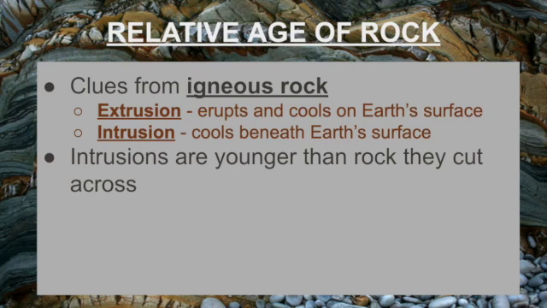And again, that should make sense, right? If it's going to come up and push through and melt rock, that other rock had to be there for it to come through to cover up or to melt. And so it has to be younger. So when you see an intrusion, you have to pay attention to how many layers, what does it cut through, and then wherever it cuts through, you know that intrusion is younger than the rock that it has cut through.